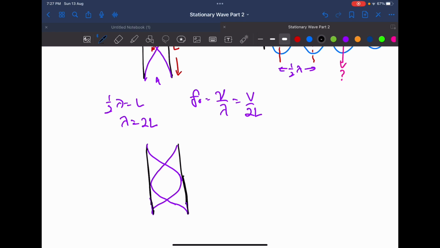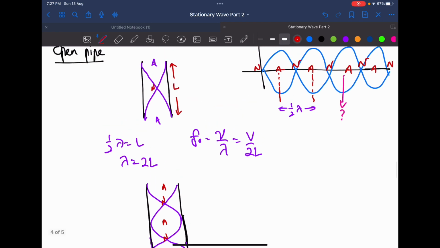Something like this. So this will be antinode, node, antinode, node, antinode. So how many lambda is this?